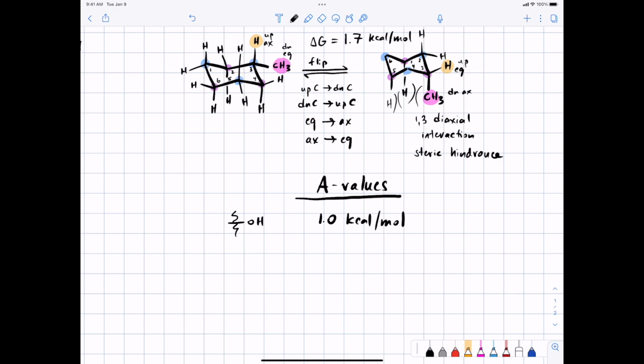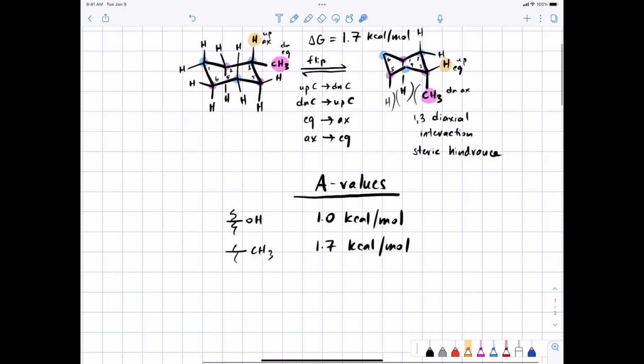So you could look at this number and say, okay, there's going to be somewhere less than 10 to 1 equatorial versus axial. If you go to the methyl group, of course, it's a little bit more. Its A value is 1.7 kilocalories per mole, and that means it's going to be more than 10 to 1 in favor of the equatorial versus axial.